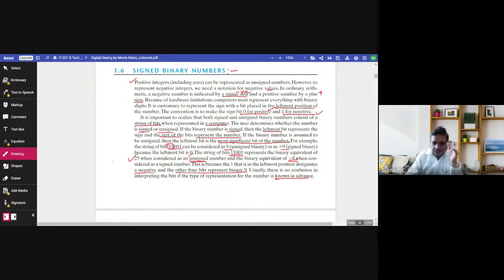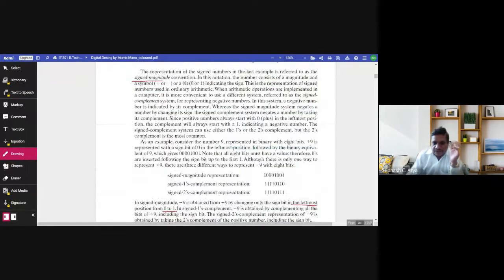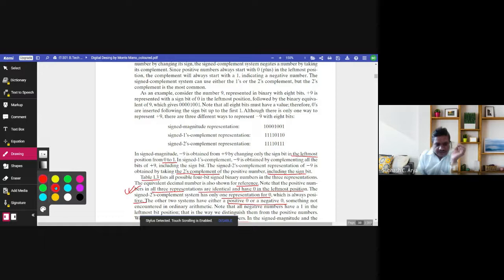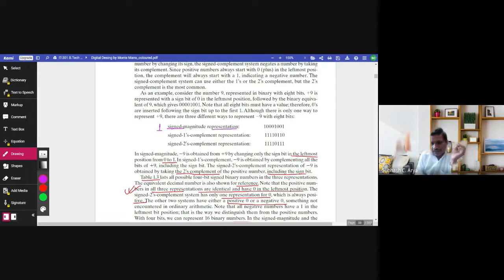We come to know that there are three ways through which we can represent a negative binary number. The first method is sign magnitude representation, which is given here.